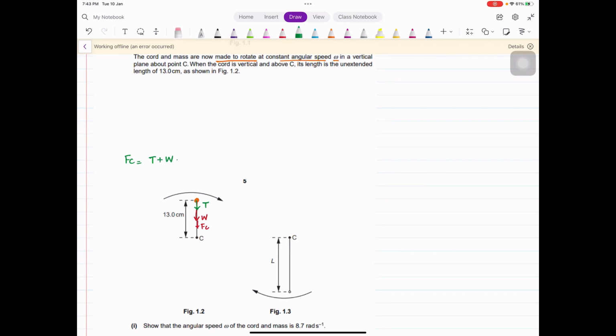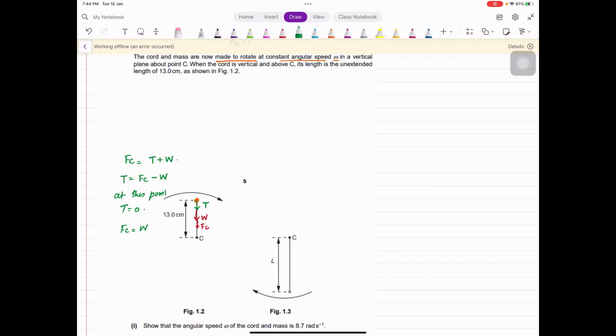Now, how is it possible that the length is unextended? It means that at this point tension must be equal to 0. And how could tension be equal to 0? When centripetal force is equal to weight. Do you guys understand this?